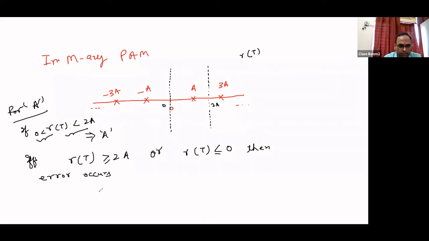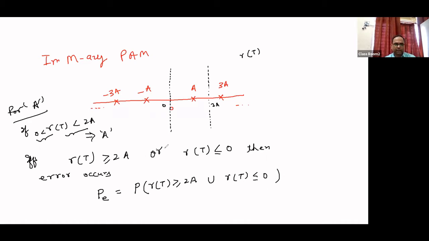So the probability of error can be written as the probability of having RT greater than or equal to 2A union RT less than or equal to 0, right?